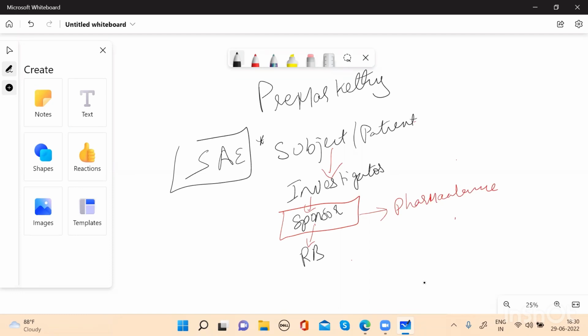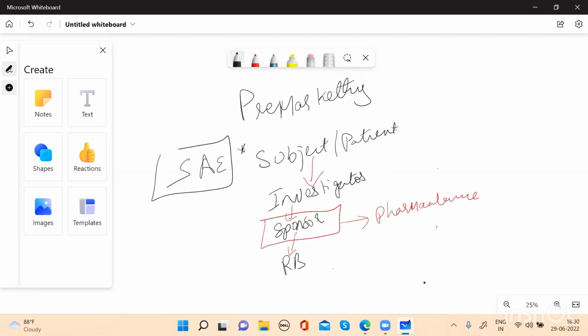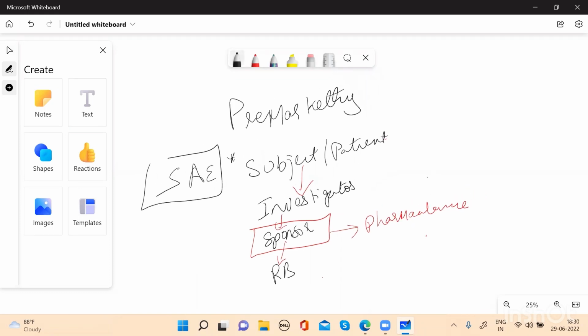Coming back to a case which is serious in nature and unexpected: if it is also related to the drug, it is a very dangerous one.